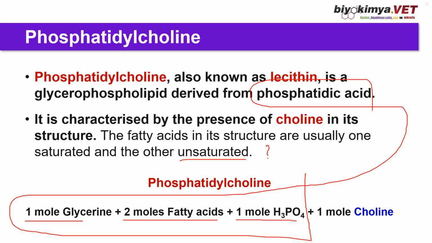And the molecule which makes our glycerophospholipid phosphatidylcholine is the choline. And choline is a nutrient found in many foods, and the brain, nervous system, and muscle require choline for some activities or some functions. So they are essential molecules and also considered as a vitamin by some authors.